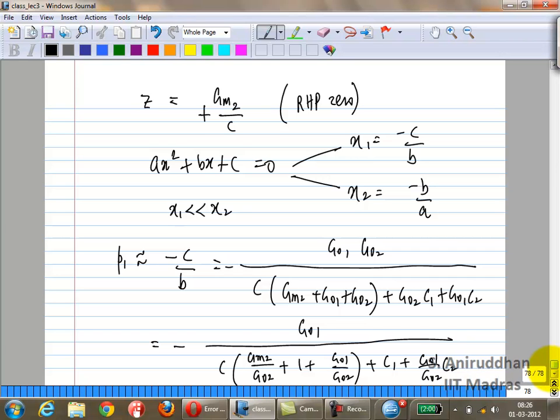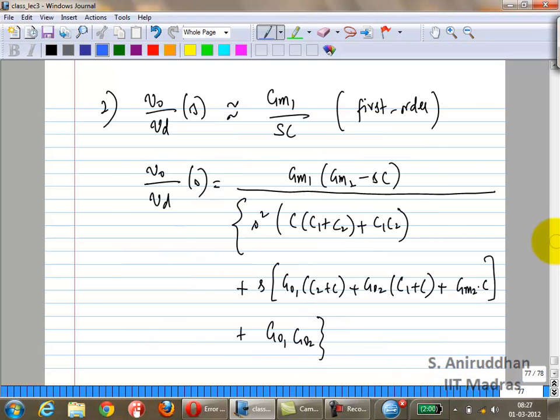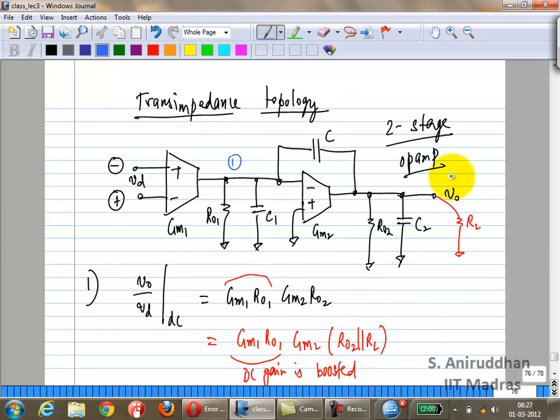So what do you get? You get some GO1 by some large number. So what kind of intuition can you get from this? What is this term? It is the conductance at that node. I'll call this node 1 and node 2. This is the total conductance at that node, GO1. So that looks good.